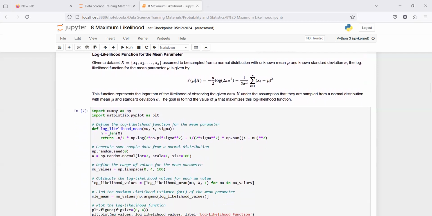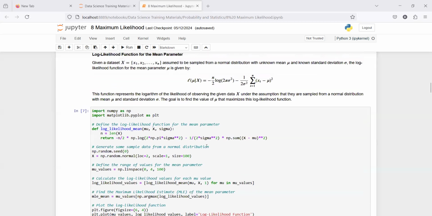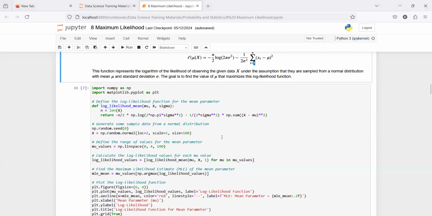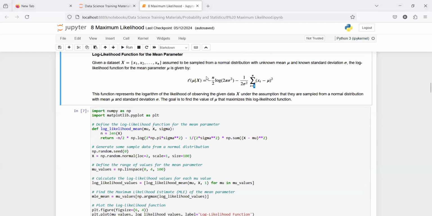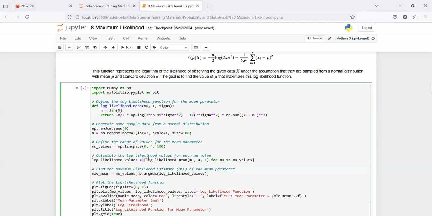So we have this log likelihood mean. We calculate the log likelihood values for each mu value, because we're basically iterating 1 to n, whatever it may be. Here we use the list comprehension, recall from our Python class.